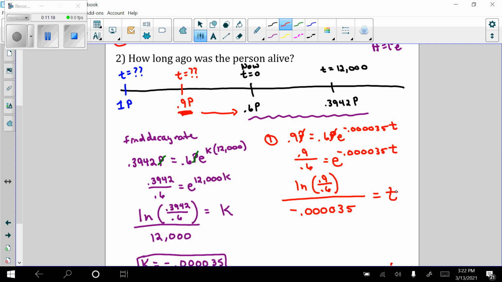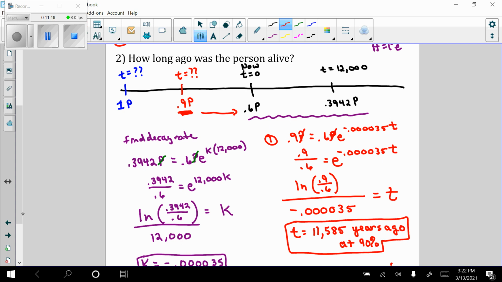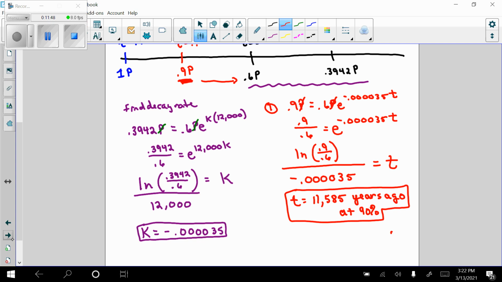And if you put that in your calculator correctly, you get 11,585 years ago. And that would be at 90%. This is very similar to what your project is going to be, except you have to do a lot of problem solving along the way.